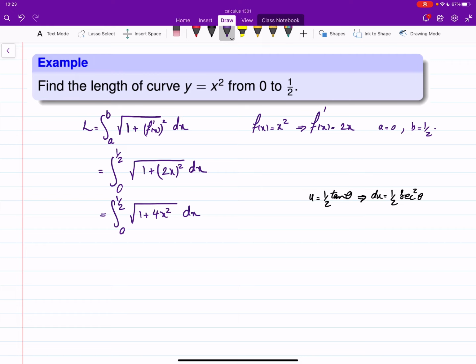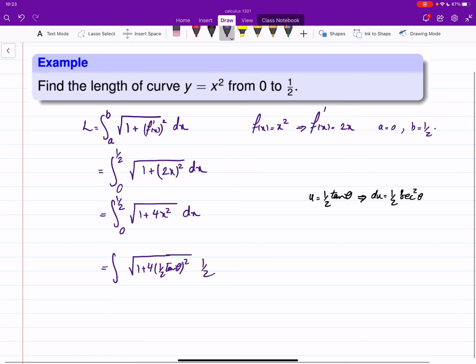So my integral turns to 1 plus 4 times half of tan theta squared, half of secant squared theta d theta. How about the limits?